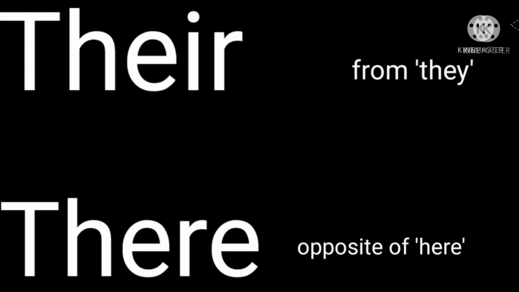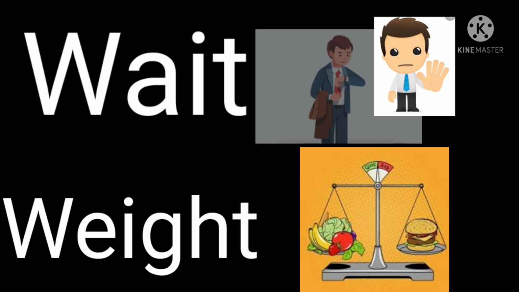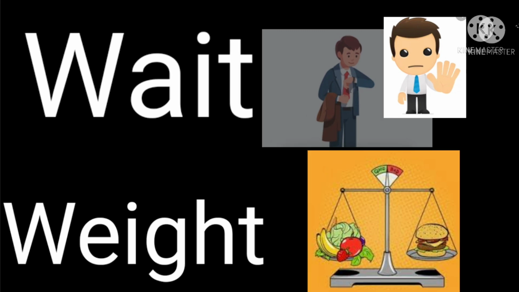Okay, next is wait, W-A-I-T, and W-E-I-G-H-T. Both the words sound the same, wait. But W-A-I-T means when you are waiting for someone for a long or a little time. If I say don't wait for me for more than 10 minutes, that is wait.